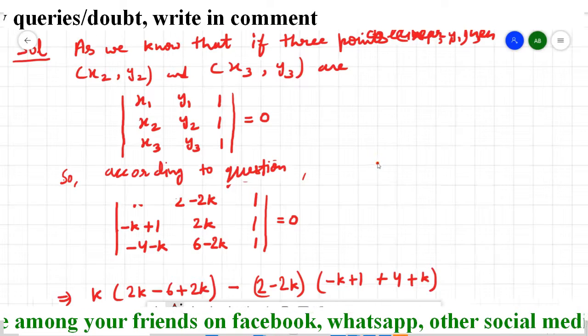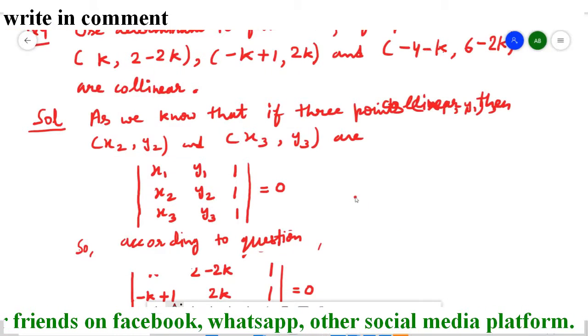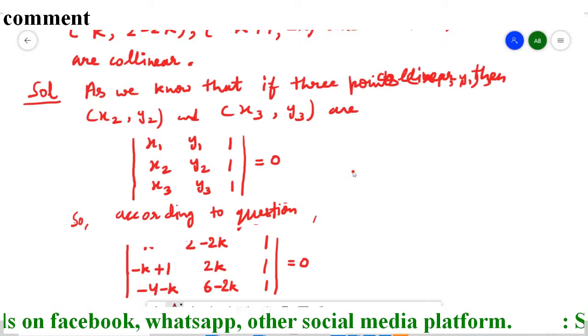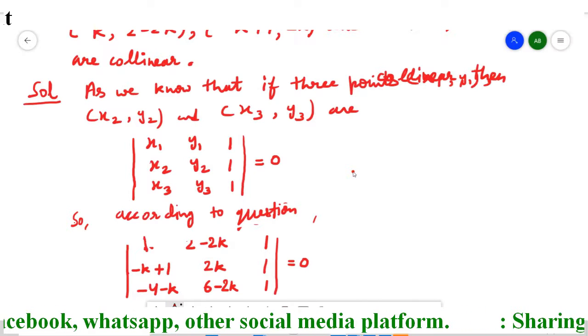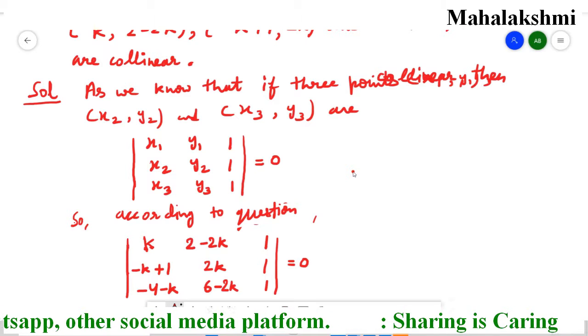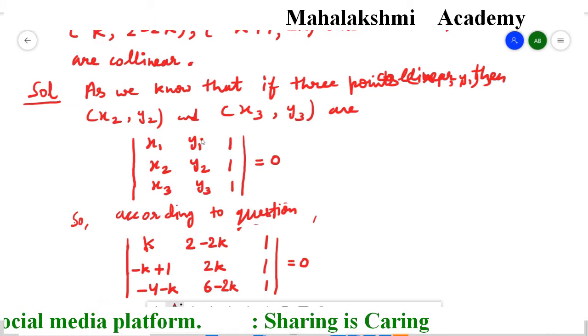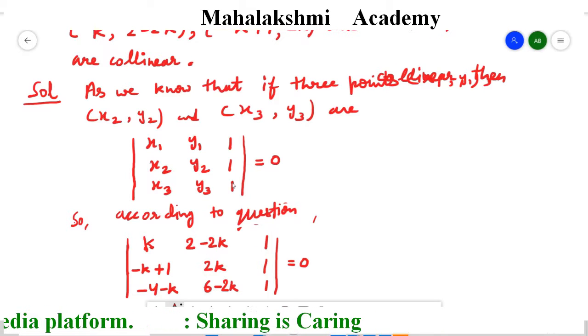Let me check what our first coordinate is. It is k and 2 minus 2k. So we'll write here k, then 2 minus 2k. So I put the values here. That is k, then instead of y1 I wrote 2 minus 2k, and 1.